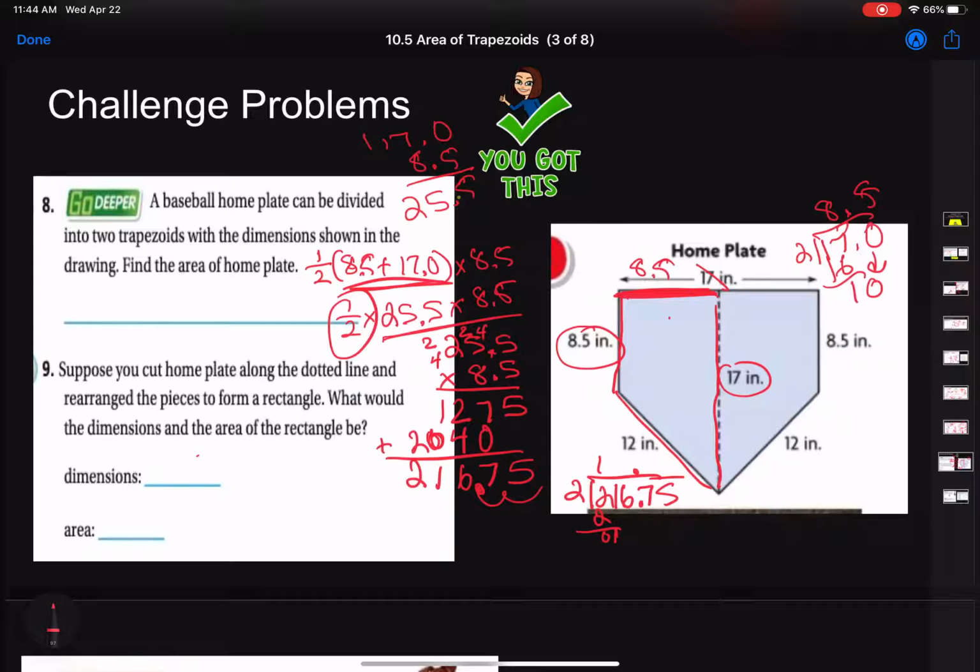Now 2 goes into 1 0 times. Okay, and then 6. 2 goes into 16 8 times. Then you want to bring that 7 down. Now 2 goes into 7 3 times.